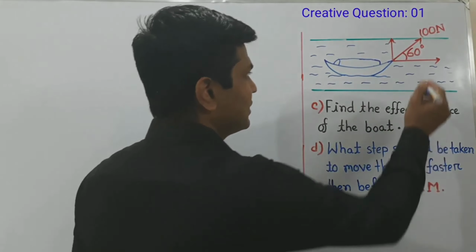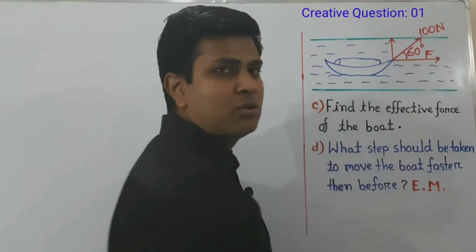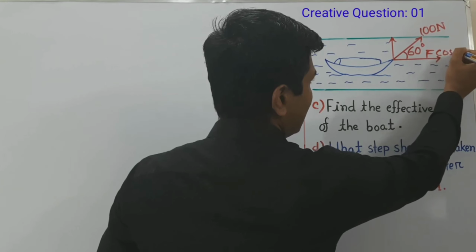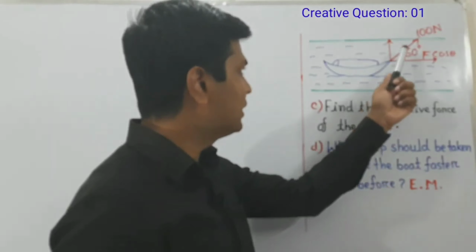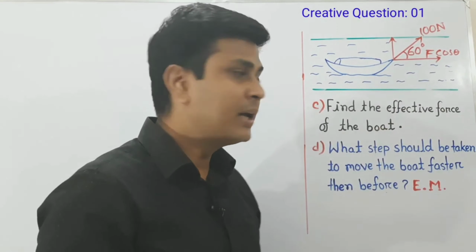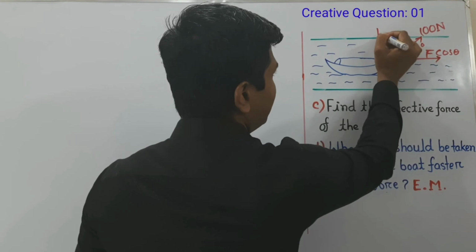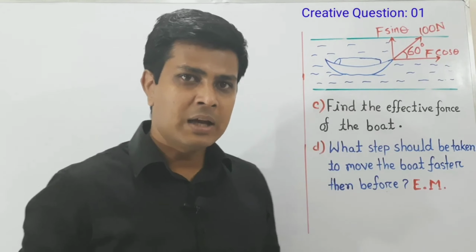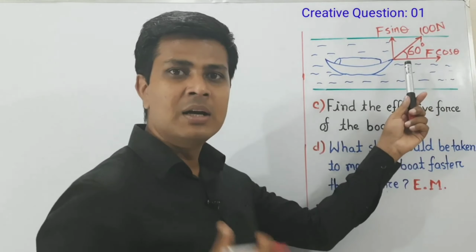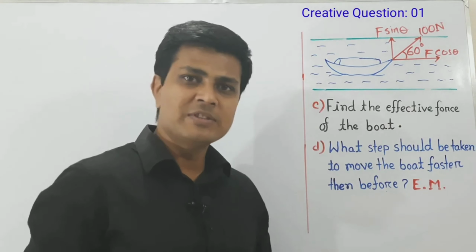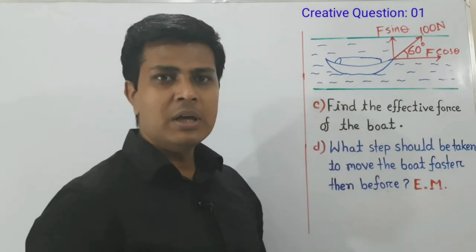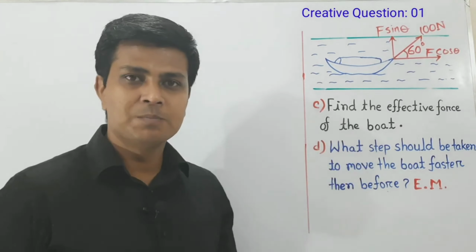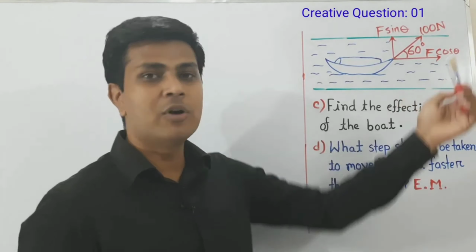The horizontal component of the vector is f cos theta, if we consider theta the angle between the vector and the horizontal plane, and the vertical component is f sin theta. The horizontal component f cos theta is responsible for pulling the boat in the forward direction. So the effective force of the boat will be f cos theta.